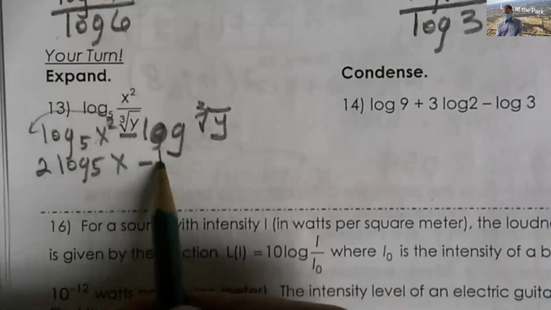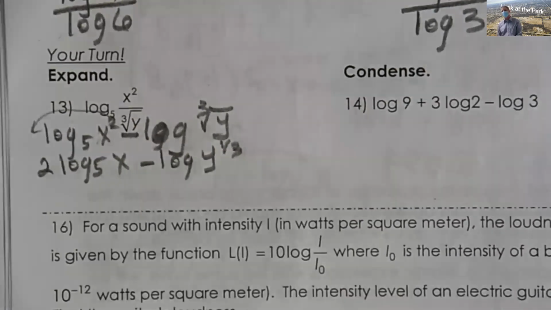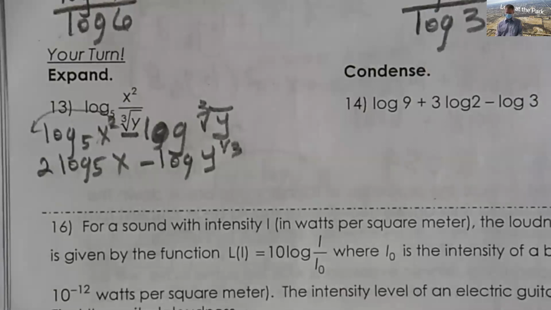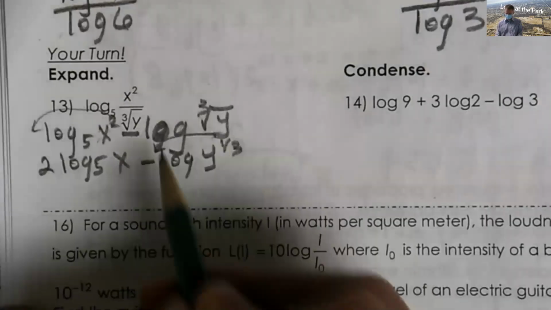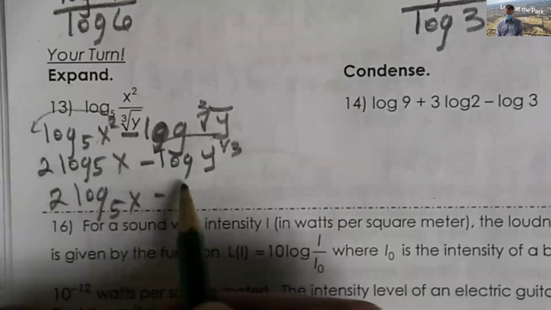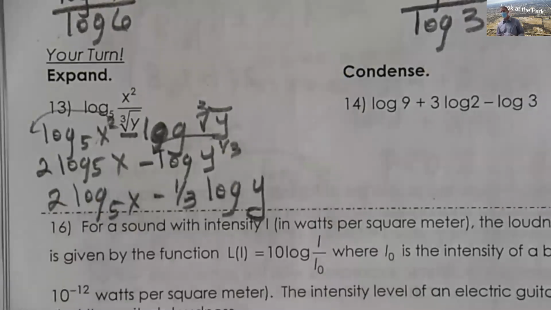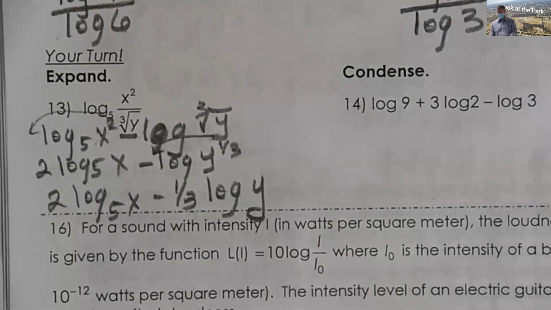The cube root of y, remember, can be written with an exponent. So that's to the 1/3. And we can bring it and put it in front of its logarithm. And there's nothing else that you can do there. You cannot say 2 minus 1/3. Logarithms aren't the same.